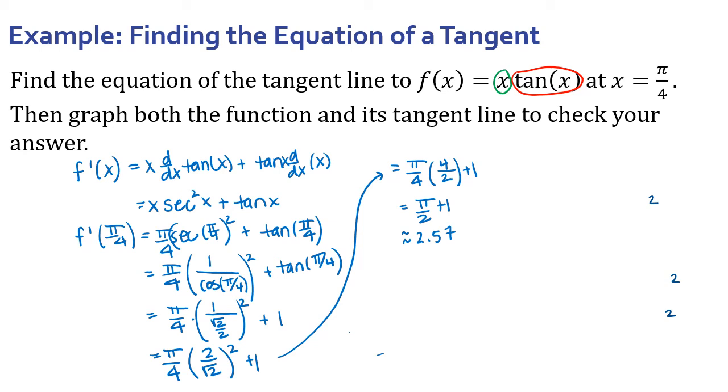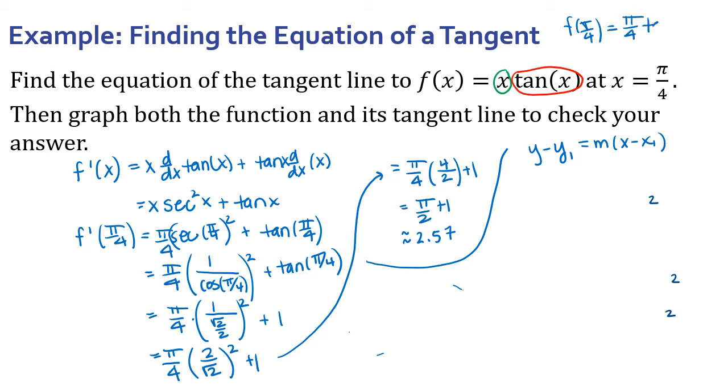If I was trying to find the equation of the tangent line, I would use point slope formula: y minus y1 equals m times x minus x1. When x is pi over 4, our y value, when I substitute that into the function, is pi over 4 times the tangent of pi over 4, which is pi over 4 times 1, so it's pi over 4.